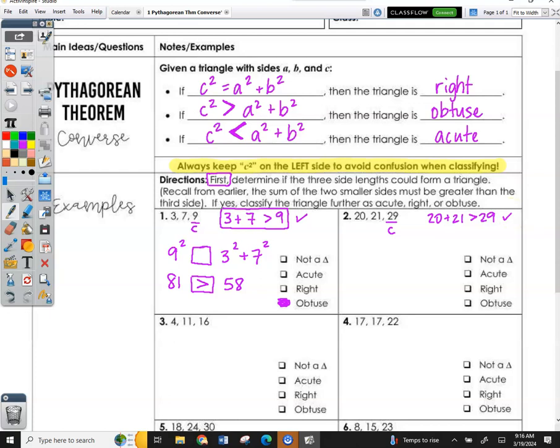Alright, let's plug it in, starting with the C first. Let's try a different technique than the box. Maybe you don't like the box. Let's just do a dotted line, straight down, kind of like what we're saying. There's something here, but we don't know what it is yet. Then we got 20 squared plus 21 squared.